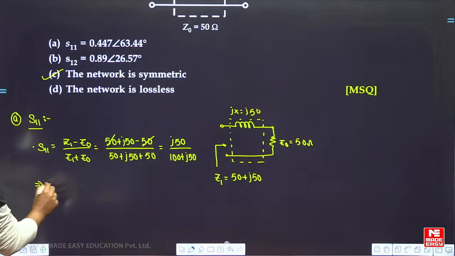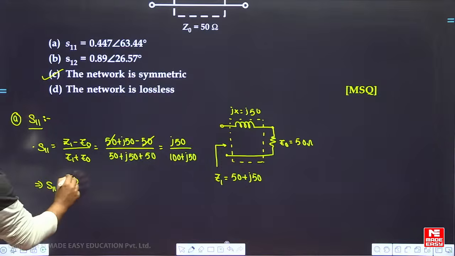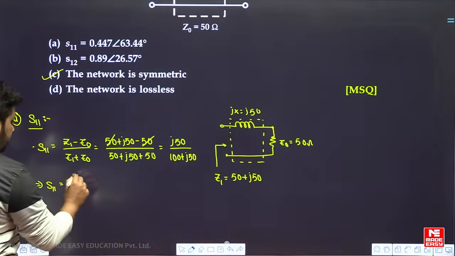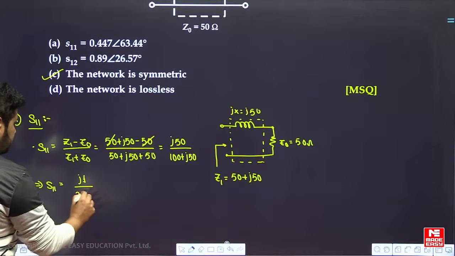So what is the value of S11? This is equal to j1 upon (2 plus j1).